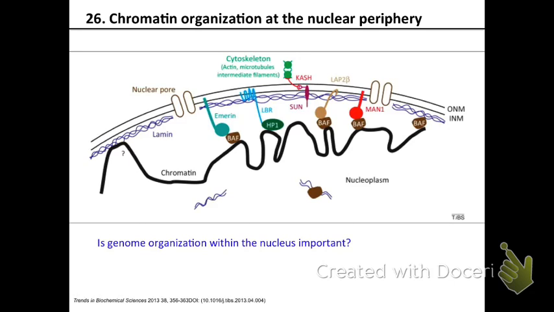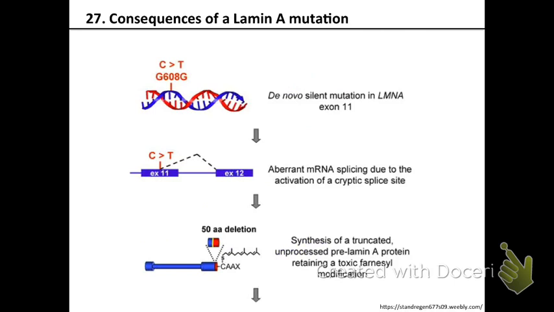It's a mutation that occurs in the lamin protein. Okay, so this is a mutation. It's a silent mutation that occurs in the lamin A protein in humans. It's a de novo mutation, so it occurs new. It's not inherited. So what you're going to have is a C to T change at a certain spot in the protein. It's silent.